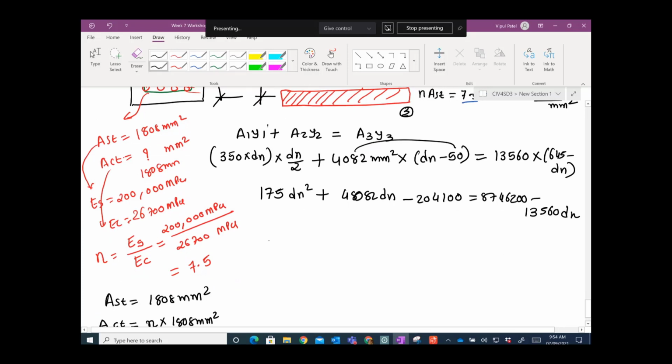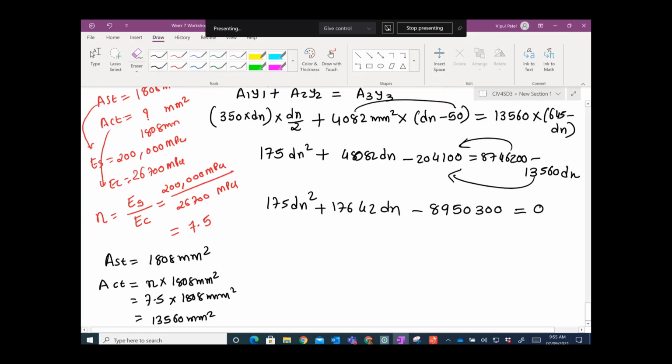Collect all the like terms here: 175 dn square plus 17642 dn, bring those across the equal sign, and then you have minus 8950300 equal to 0. So I just bring this one across and change the signs respectively.